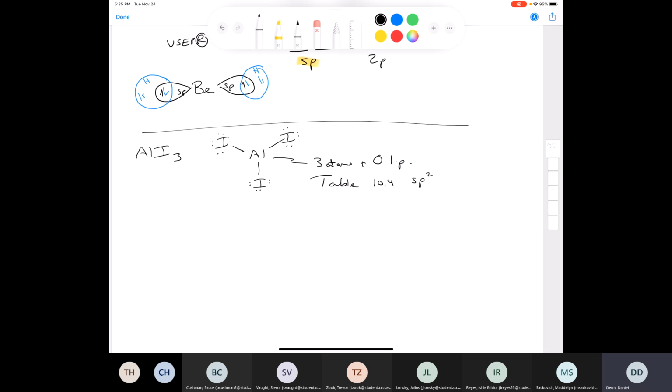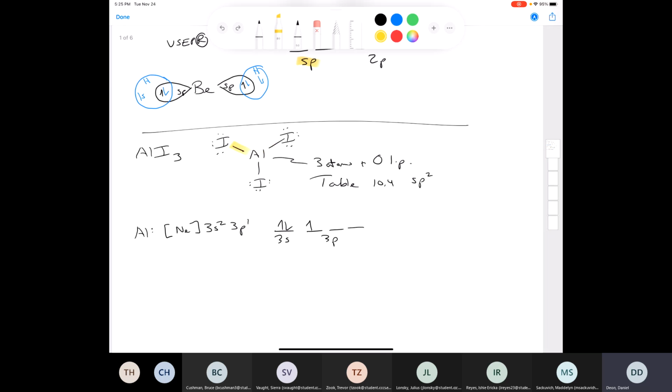Okay, if we want to look at it a little bit deeper, we can look at the electron configuration of aluminum, which is neon 3s2 3p1. That's 3s with 1 2 and 3p orbitals, and we've got 1 electron here. That doesn't account for there being 3 bonds, does it?